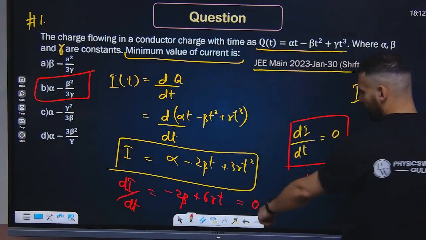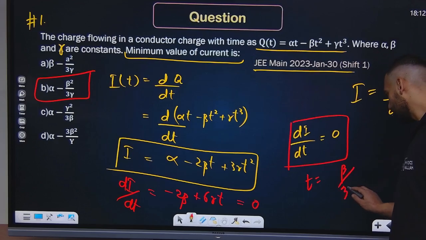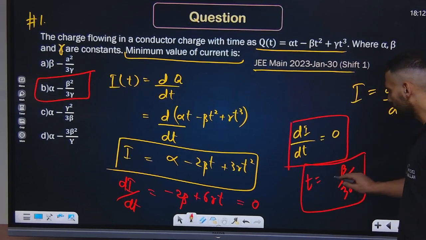So the value of time for which it is going to be 0 will be 2 beta by 6. So it is beta by 3. Correct? Then you put this here.